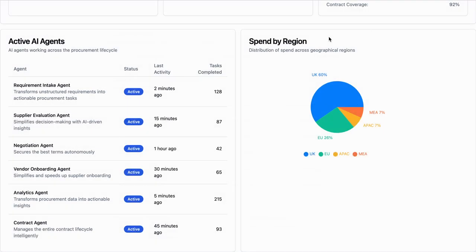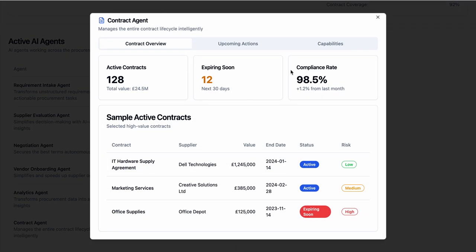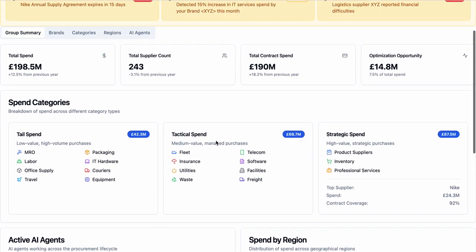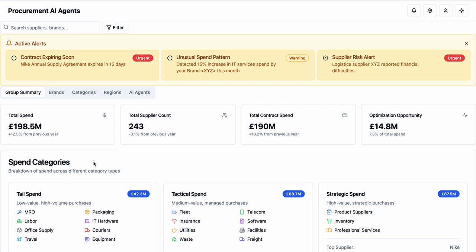And similarly, the contract agent looks at your entire contracts, which contracts are expiring, what you can renegotiate, etc. So these agents are working behind the scenes like your junior analyst, and getting that data for you.